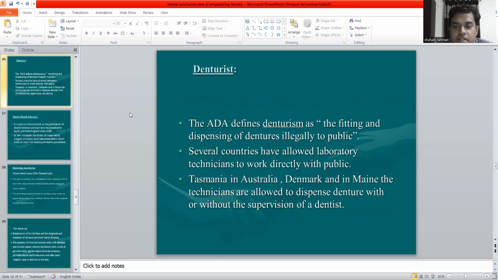The ADA defines denturism as the fitting and dispensing of dentures illegally to the public. Several countries have allowed laboratory technicians to work directly with the public. In Tasmania in Australia, Denmark, and in Maine, the technicians are allowed to dispense dentures with or without the supervision of a dentist. Some countries have supported the denturism process and some have opposed it.